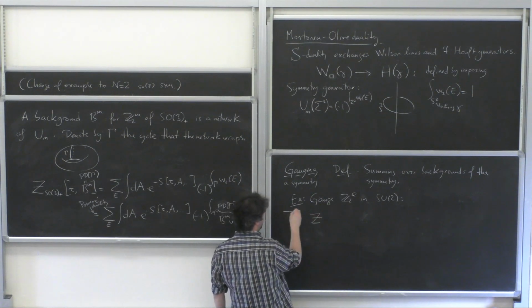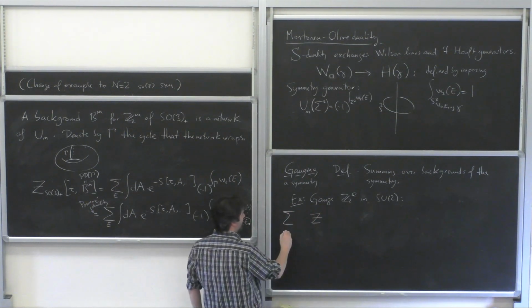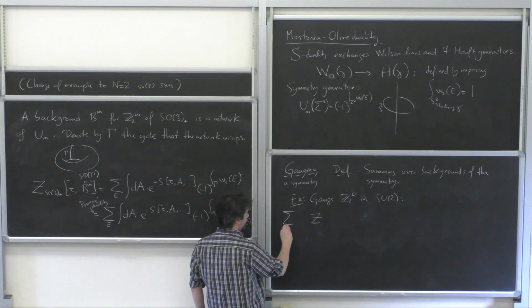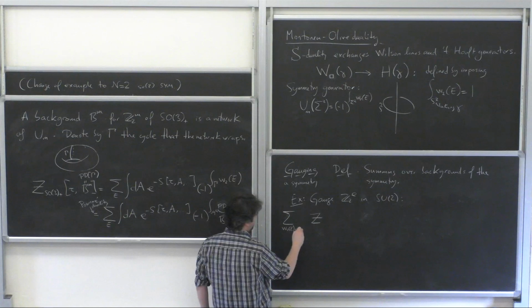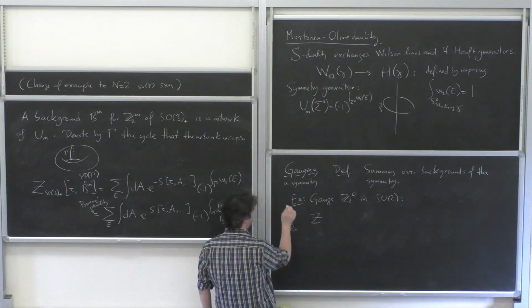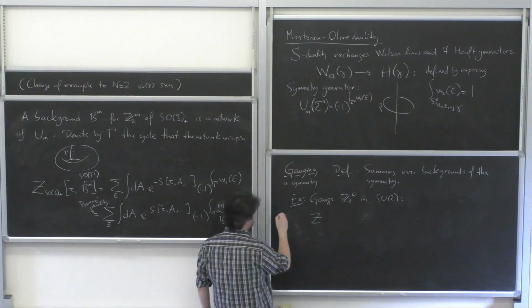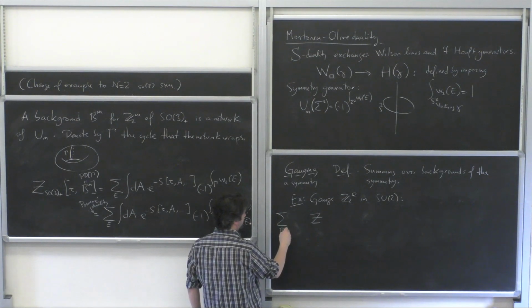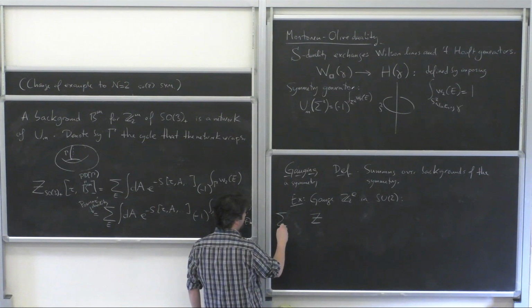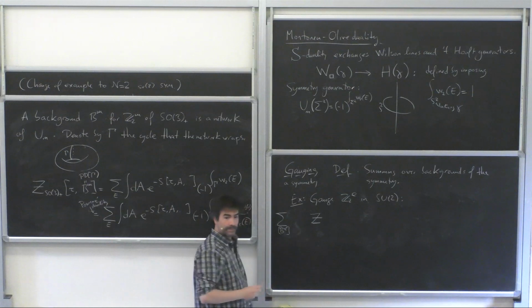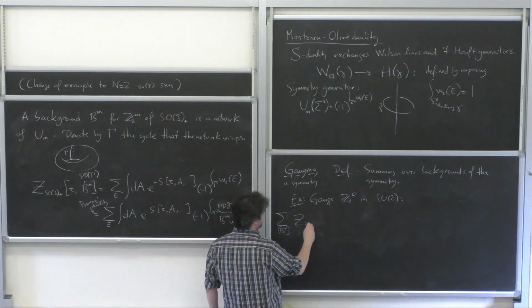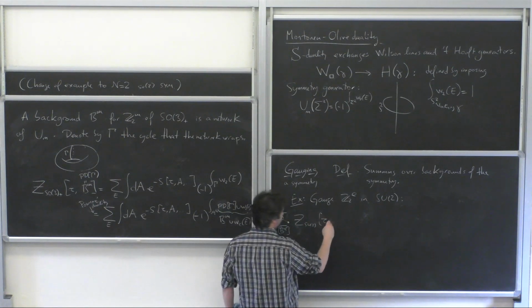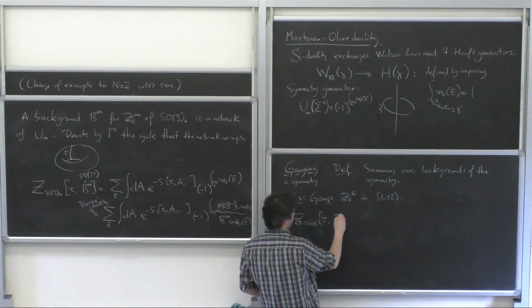So I'm going to sum over B2s, B electric, of the partition function of SU2 with coupling tau and background B electric.